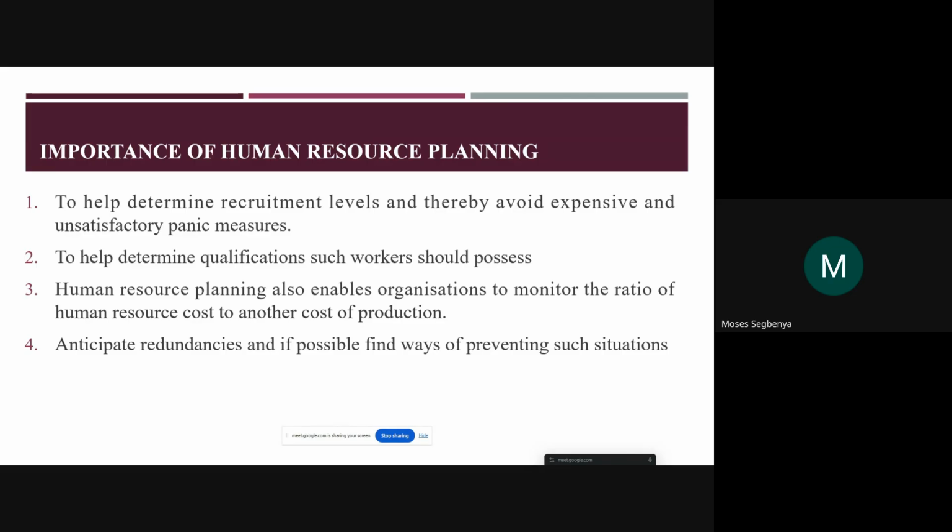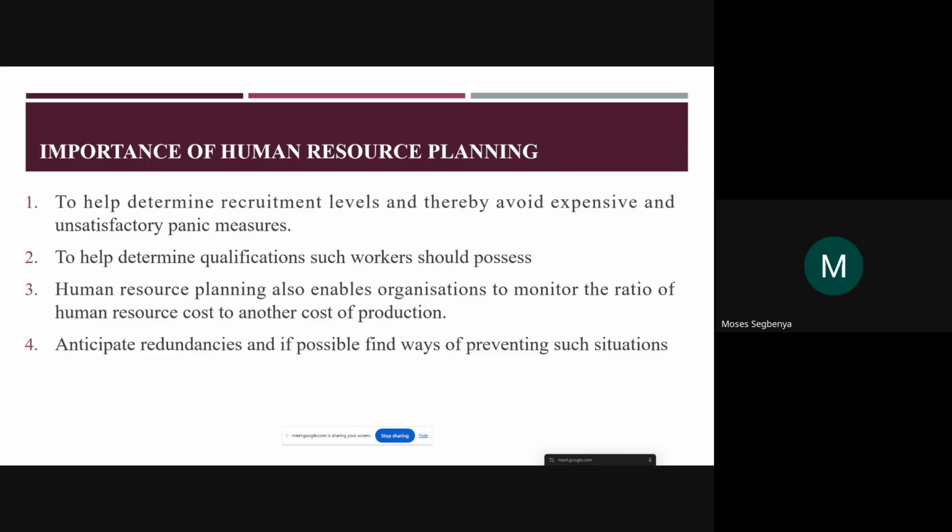So if you don't plan the number of people you will need and the cost for the new people you are going to bring on board, what will be the percentage of their burden on the wage bill? How much will be left for the organization to do other stuff? If you don't plan, you bring the people in and you end up paying them with everything that you accumulate, and renovation of the school becomes difficult.